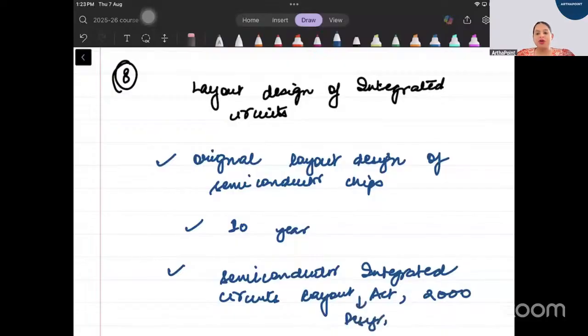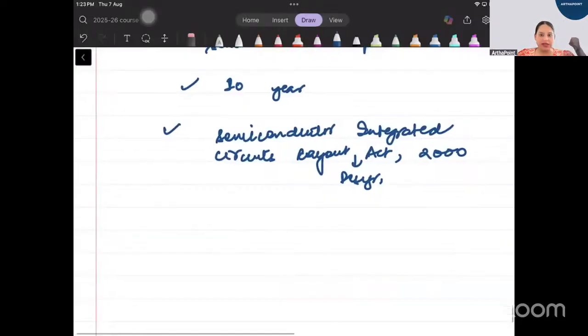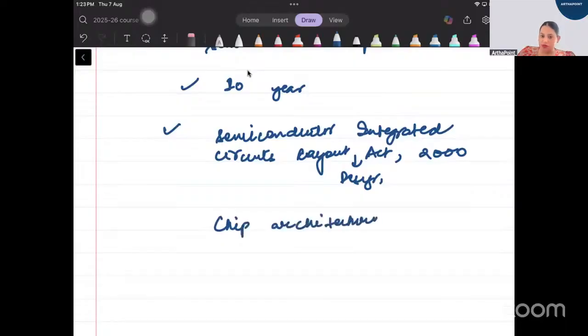So an example can be if I have produced a particular architecture in mobile processors, right? A particular chip architecture, the mobile का processor हम ऐसे करके छोटा बना सकते हैं, then that can be protected. So chip architecture used in a mobile processor can be an example.